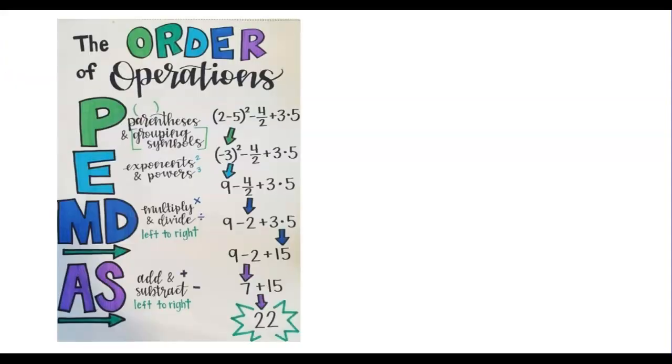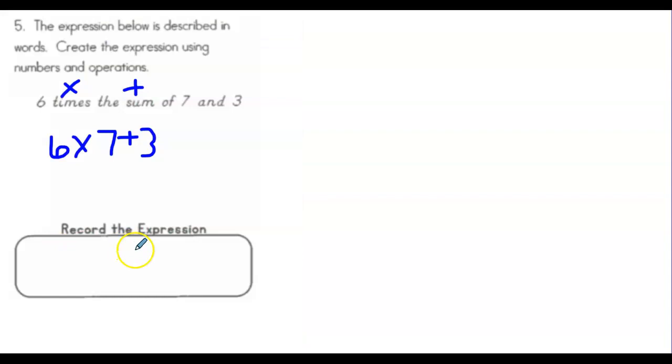And if I come back to here, we see that multiply divide is before addition subtraction. So it would be 6 times 7 plus 3 if we left it this way. So remember that to be able to add these first, we have to put these in parentheses. So you can just rewrite this right here and you're good to go.